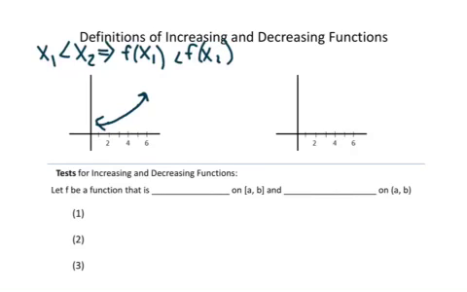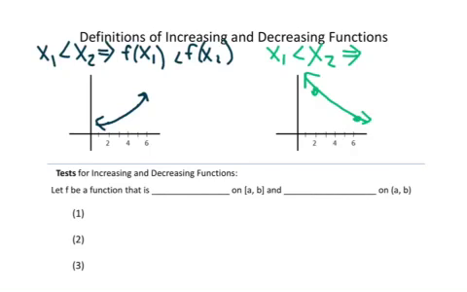Okay, so then to define decreasing formally, if we're looking at an x value that is less than another x value, let's say again I'm at the point 2, but now my output is up here, and then I go up to x2 at 6 and my output is down here, we know that that is a decreasing function.